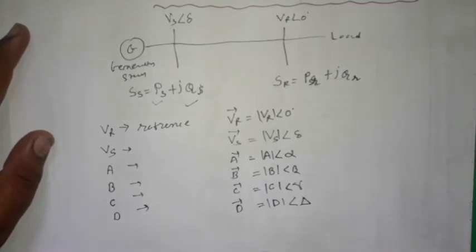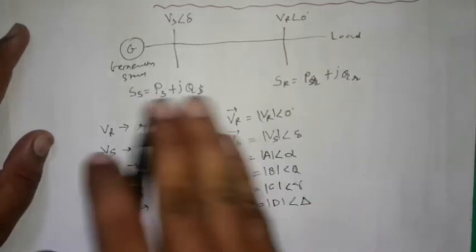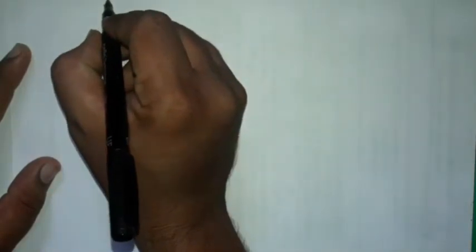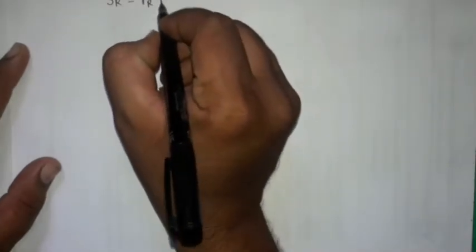Now we first find the complex power for the receiving end, then we find the value for the sending end. Now here the receiving end power SR is equal to our active power plus reactive power.